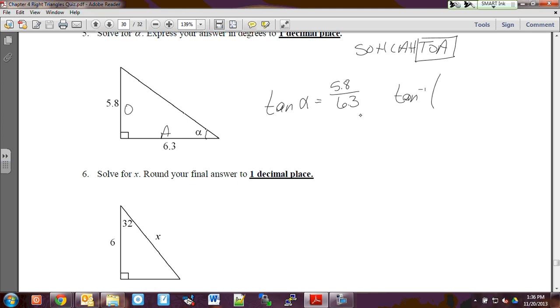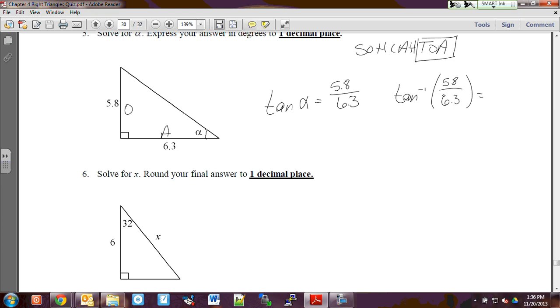Now, to know when you need to use the inverse and when you need to use the regular: when you're trying to find the angle, you've got to use the inverse. That's the only time you use the inverse, is when you're trying to find the angle. Again, I can't stress this enough because I saw some of y'all doing this in class.